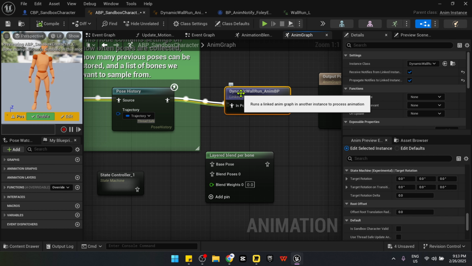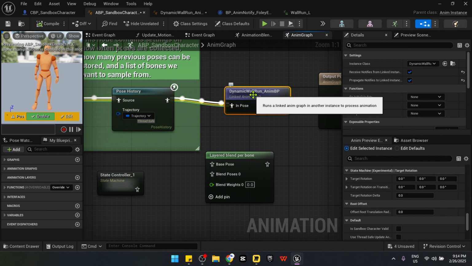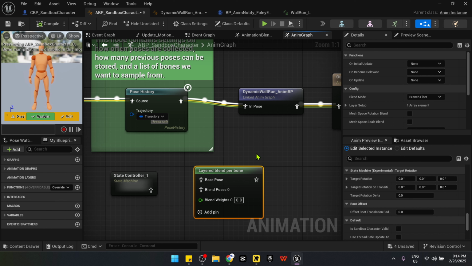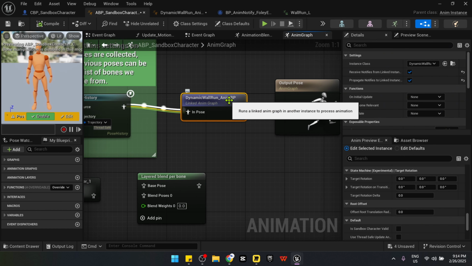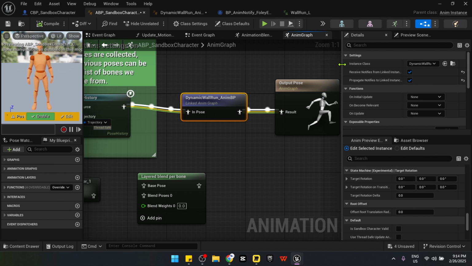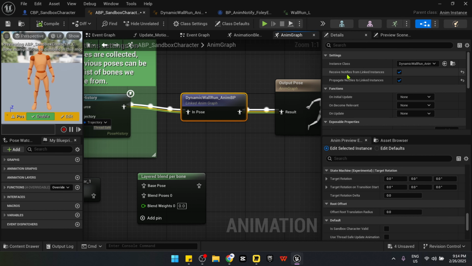Even though during runtime the weight of this animation is somewhat low compared to the constant output from the motion matched animation, the fact that it's still playing the animation sound is probably, I guess, because I take the receive notifies as well as propagate.